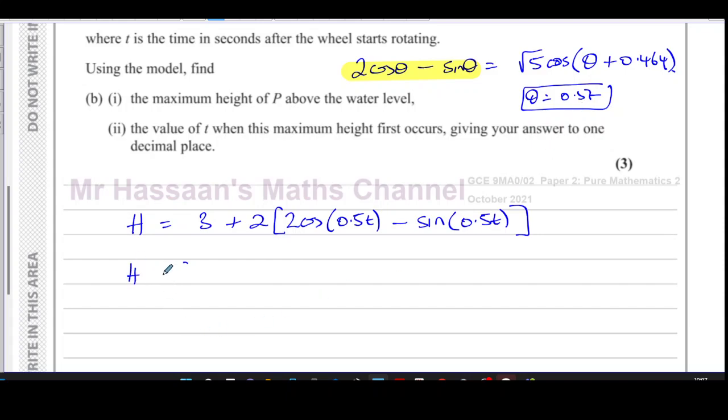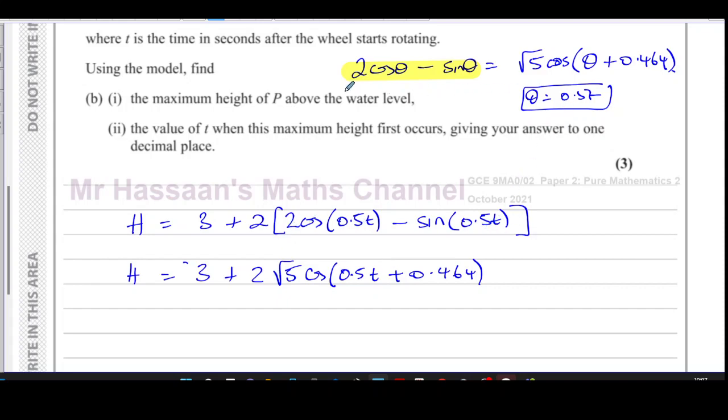So I can say h can now be expressed as 3 plus 2 times, then this can be replaced by root 5 times cosine of, instead of theta, I can put 0.5t plus 0.464.